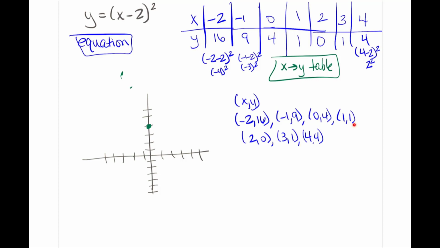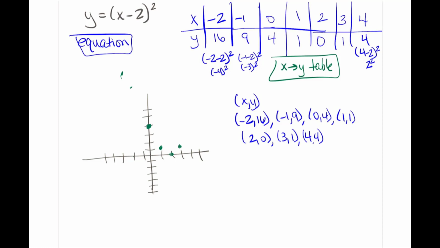My next point is (1, 1), so I'm going to go over 1 and up 1, and there's a point. (2, 0), I'm going to go over 2 and 0, so there's another point. (3, 1), I'm going to go over 3 and up 1.